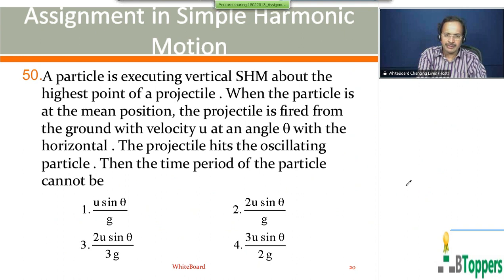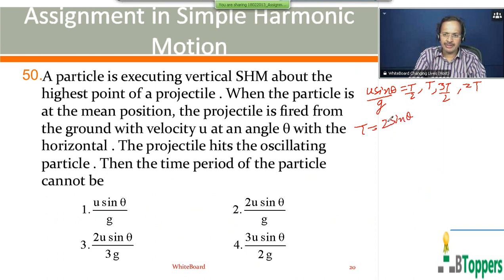That means the particle will be hit by the projectile if u sin theta by g is equal to T by 2, or T, or 3T by 2, or 2T. So there are different possible values for the time period.